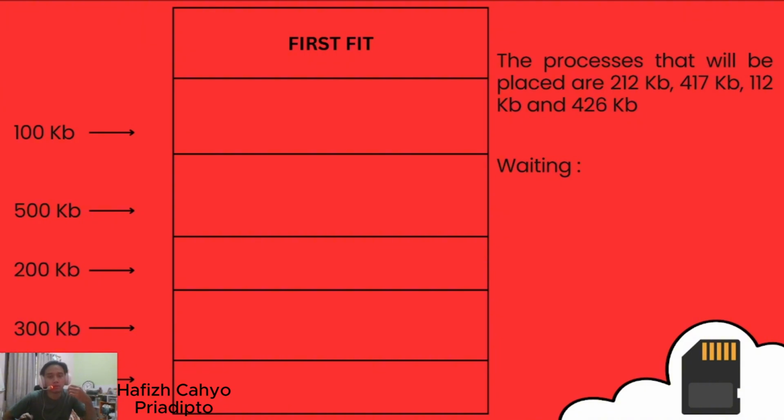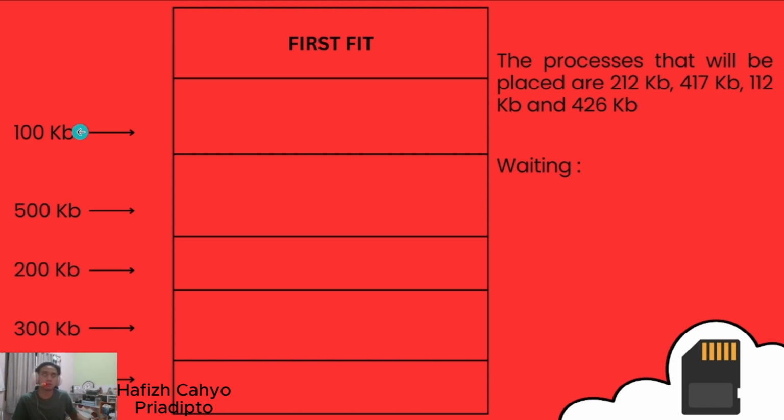First fit works by checking the table one by one. If we want to put 212 kilobytes into the table, it will first check the first one.